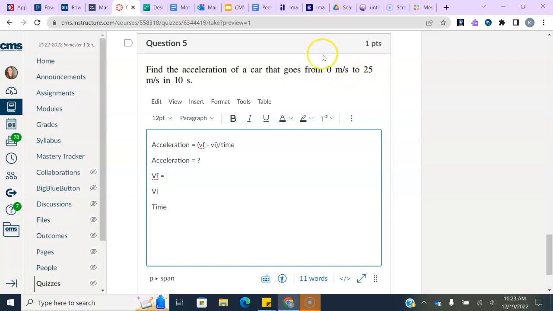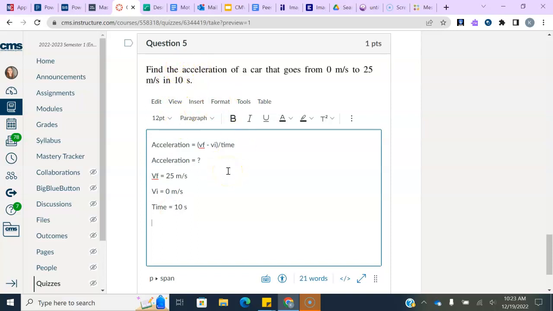That means the car started at 0 and it ended at 25 meters per second. Since it starts at 0, my initial velocity, because initial means first, is 0 and my final is 25. So for my VI, I'm going to put 0 meters per second, and for my VF, I'm going to put 25 meters per second. And my time is going to be 10 seconds, because it says 10 seconds here.